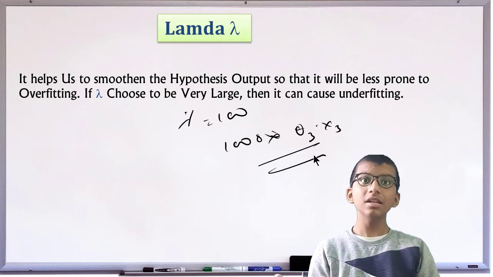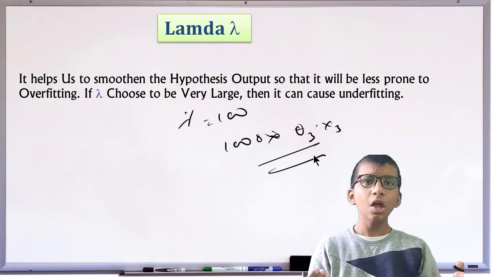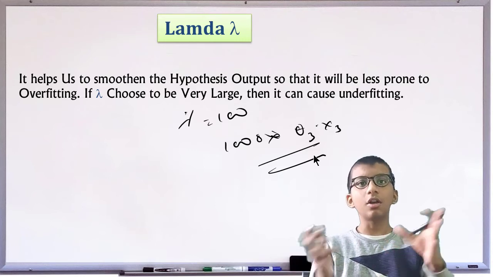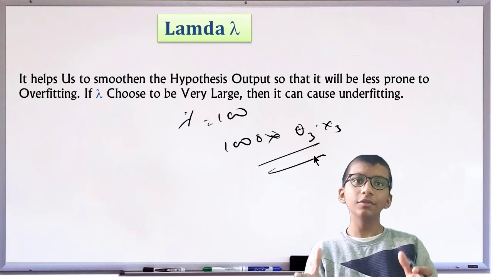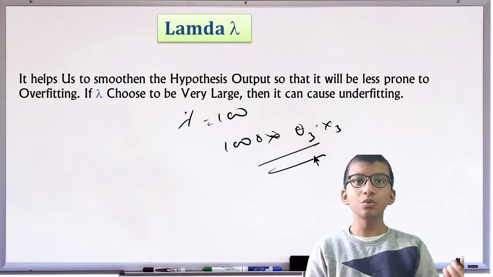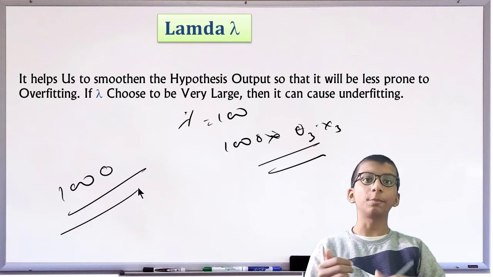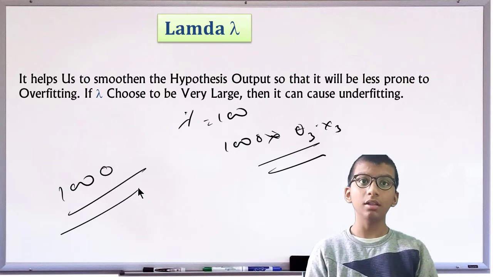But if I choose 10,000, it can be prone to underfitting, and it will not perform well on the data. So we don't have to choose one that is very large or very small, we have to choose a good lambda. Usually I took 1000, and it's totally based upon your problem and what kind of machine learning model you have.